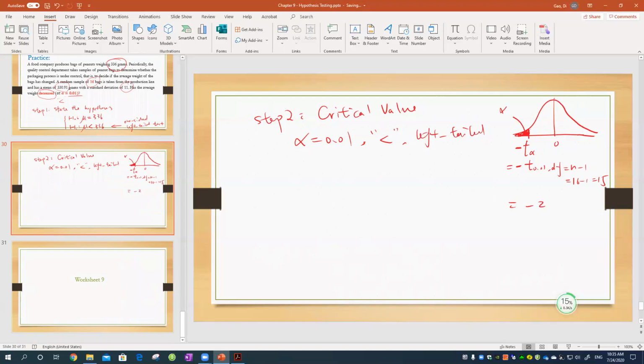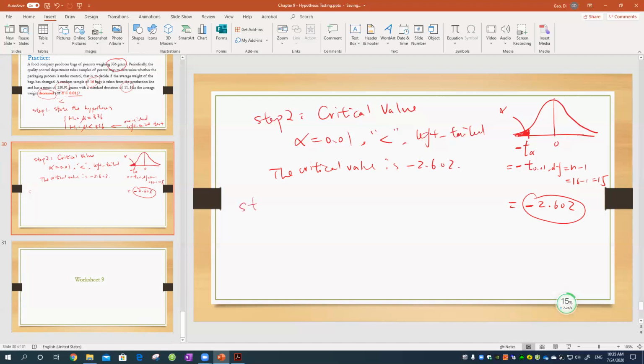So that's negative 2.602 because it's to the left of 0, so it's a negative value now. So don't forget this negative sign to get the correct critical value. So we say the critical value is negative 2.602.